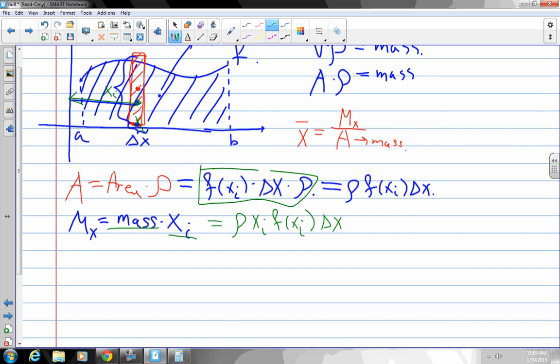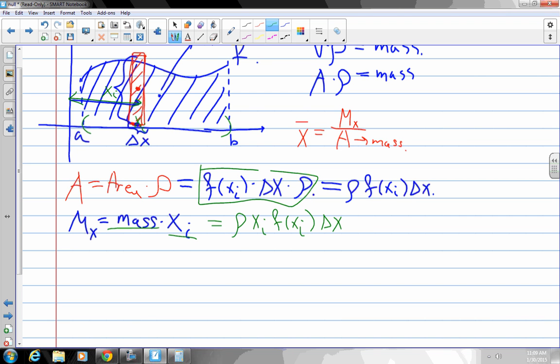If this is the x of i partition, the x of i is not a reference to a, it's a reference to the origin, right? So this is the location of that point. The a to b will take care of that later, because the delta x will be defined in terms of a and b, and when you start adding those rectangles, you'll add from a to b. So it's the moment about the origin.